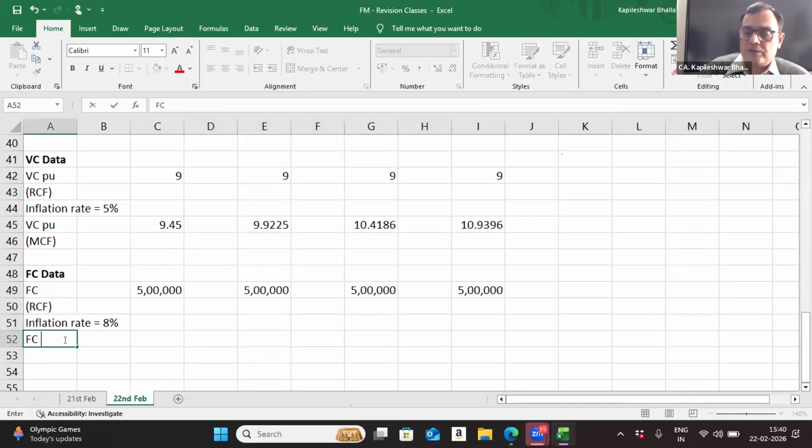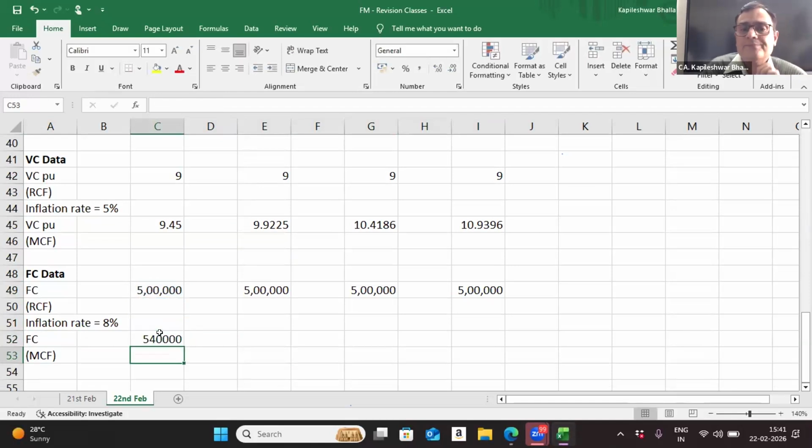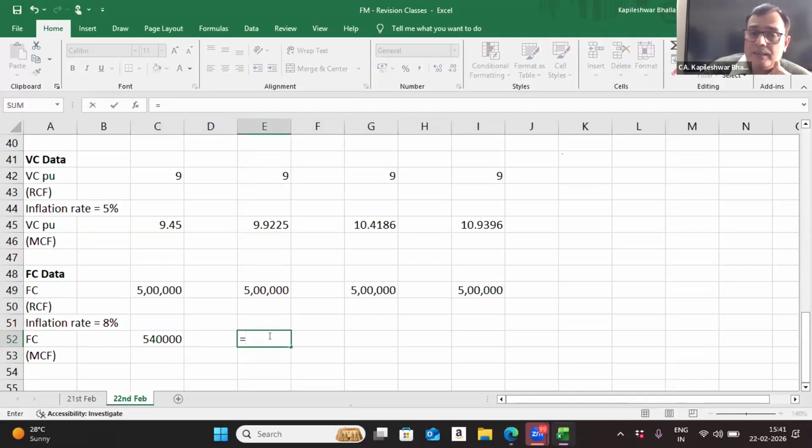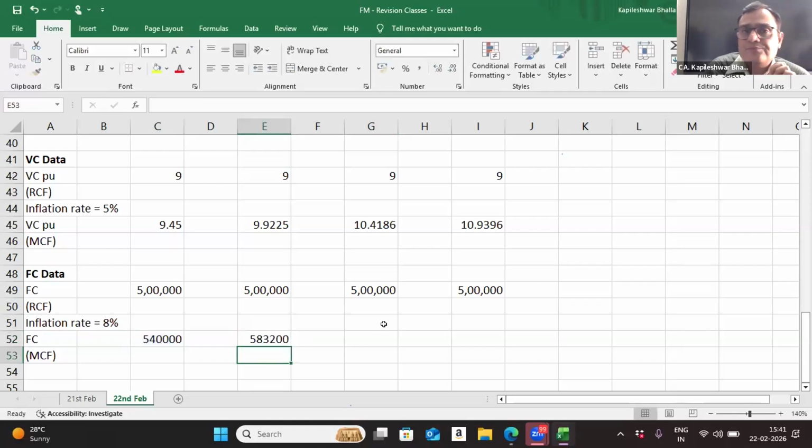So let's see what the fixed cost is in MCF terms. Can I say we'll take this 5 lakh as a base into 1.08 raised to power 1? So we can take this 540 as a base again. We take this 540 into 1.08 raised to power 1 again.